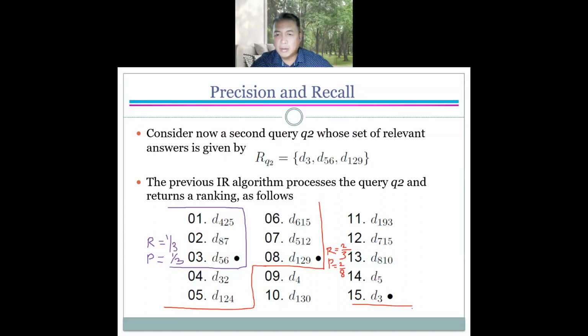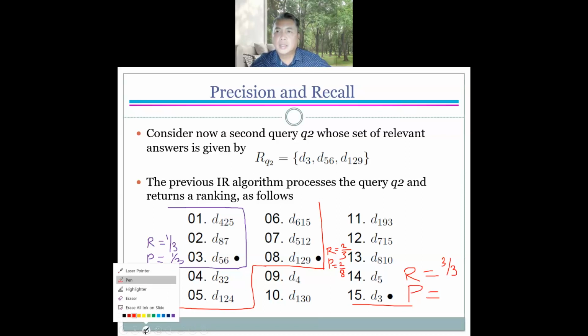What is our recall here? Our recall here is 3/3. And what is the precision? 3/15.